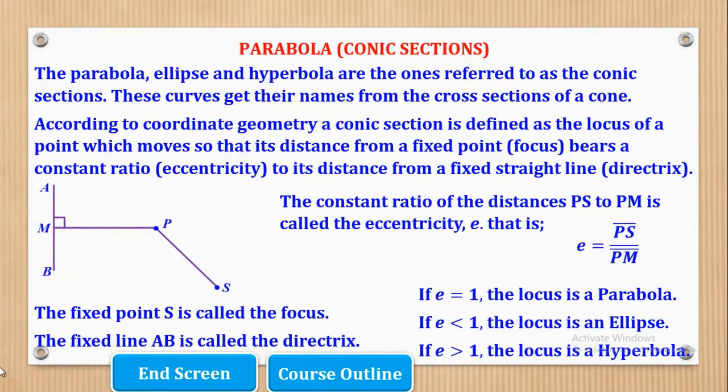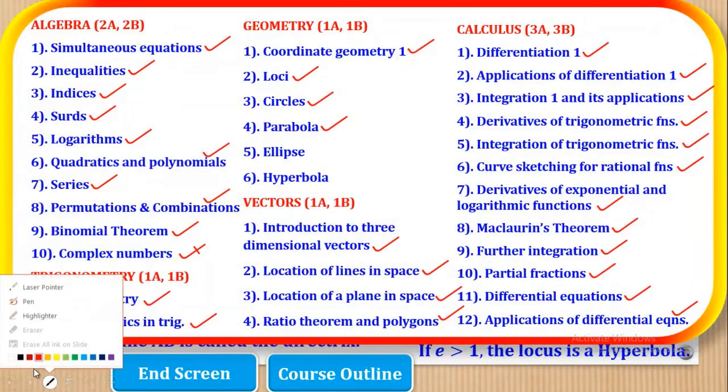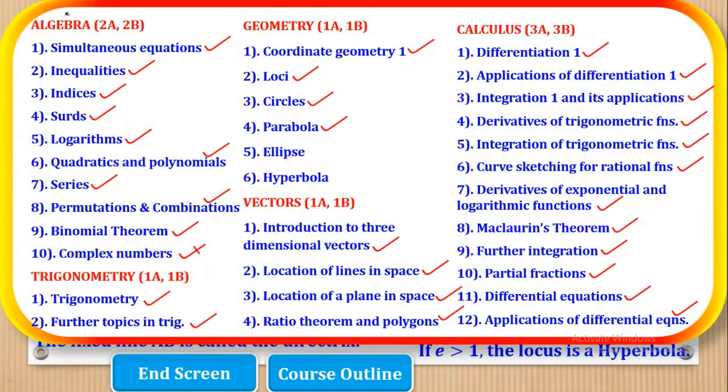Before we start the topic, let us first look at the course outline. Math paper 1 is divided into 5 parts.